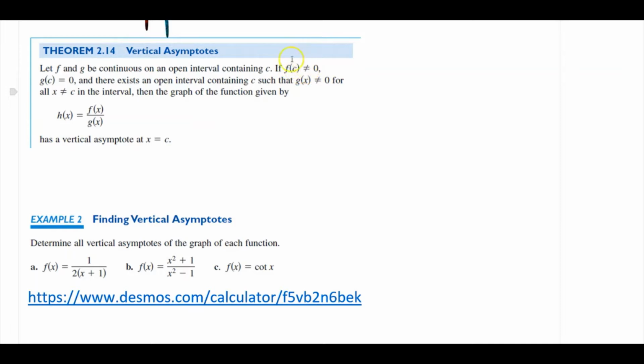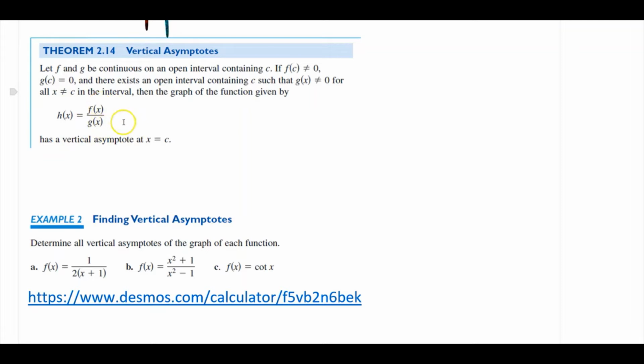Now we're saying, if we have this condition of f of c is not 0 and g of c is 0, so now our denominator is possibly going to be 0, and there exists an open interval containing c such that g is not equal to 0 for all x not equal to c on the interval. So there's going to be somewhere where our g function is non-zero for that interval.